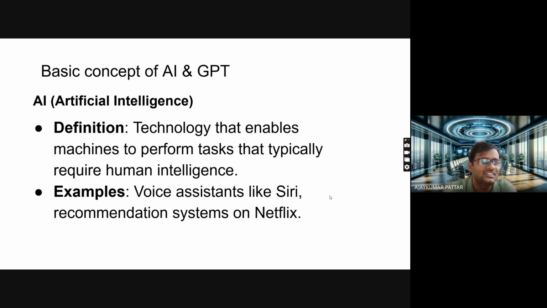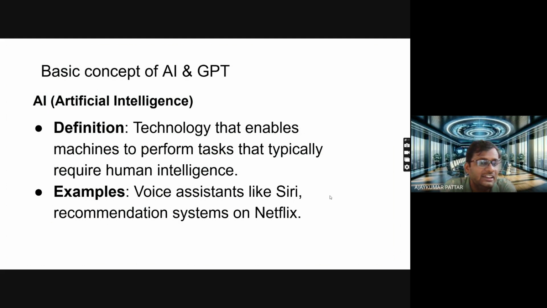Examples: voice assistants like Siri, and recommendation systems on Netflix. For example, in some apps, if you give a voice command, the machine will understand what you are telling and asking, and based on that it will search and provide the results. That is nothing but artificial intelligence. Here the model understands what you are asking, then gives the result like a human being.